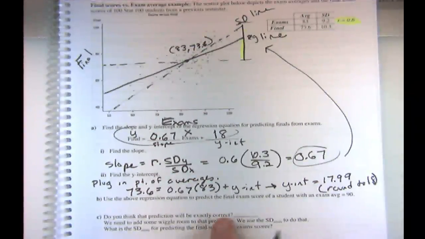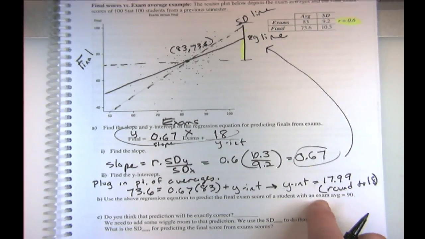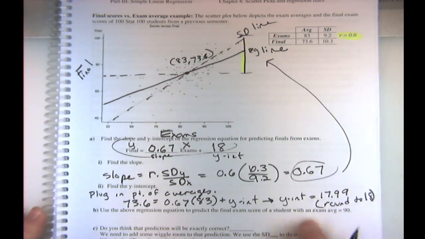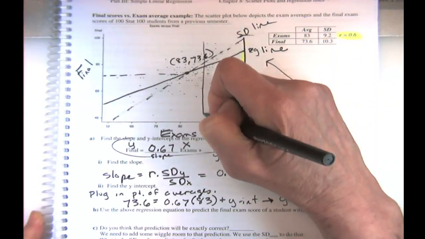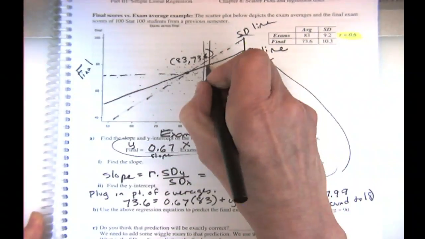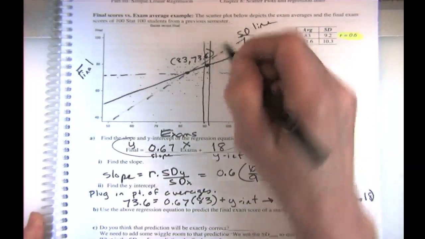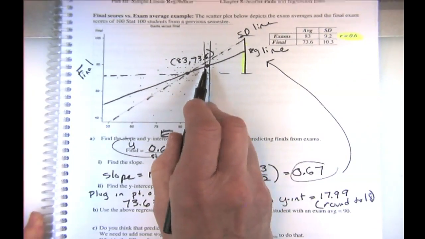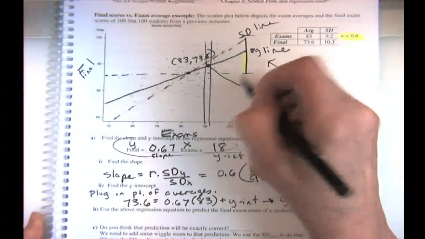All right, now use that regression equation to predict the final exam score of a student with an exam average of 90. So what we're doing here is we're looking at this little strip of 90 right here, and we're trying to get that right there. Now there's a spread, but that is our best prediction. So it looks like it's going to be a little bit less than 80. So this is the point we're trying to get.